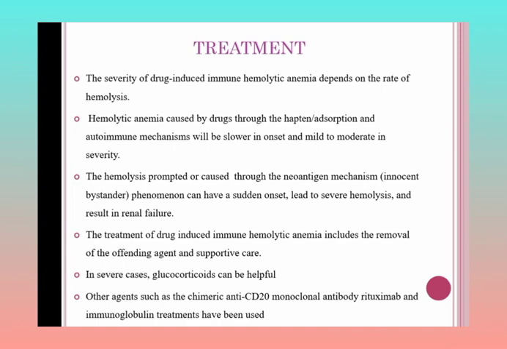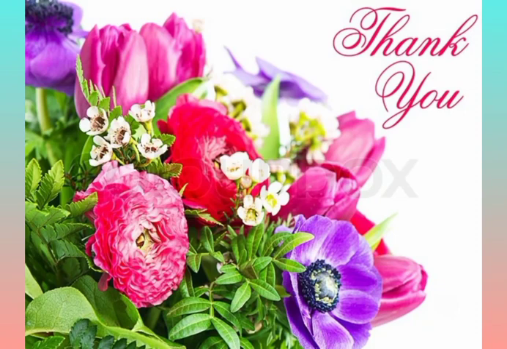In severe cases, glucocorticoids will be helpful, and other agents like the chimeric anti-CD20 monoclonal antibody, rituximab, and immunoglobulin treatments can also be useful. So this is the treatment for drug-induced immune hemolytic anemia.